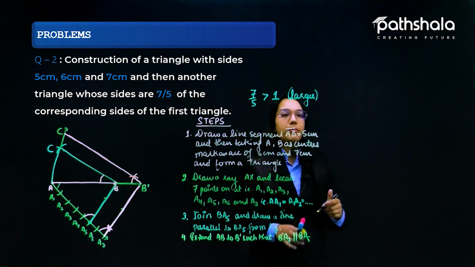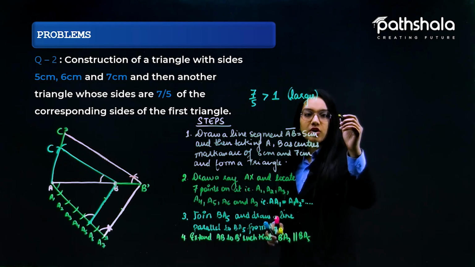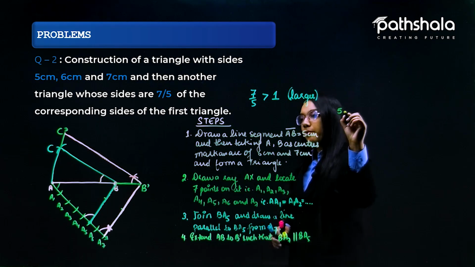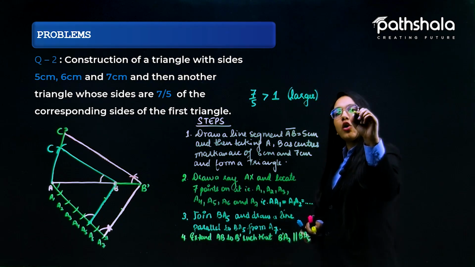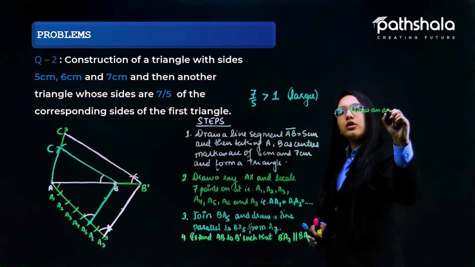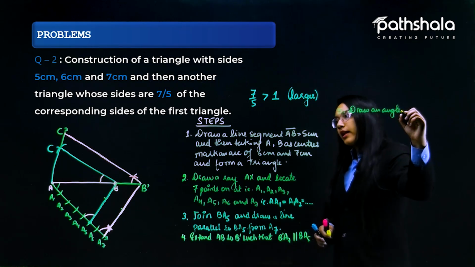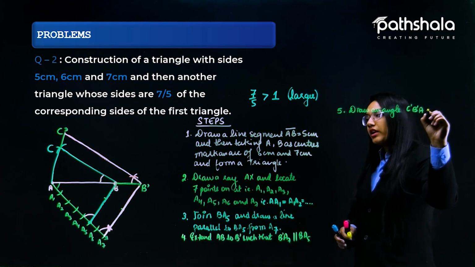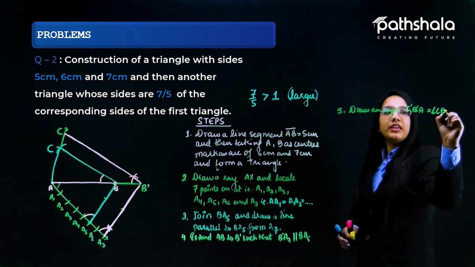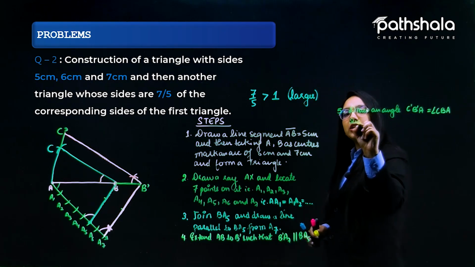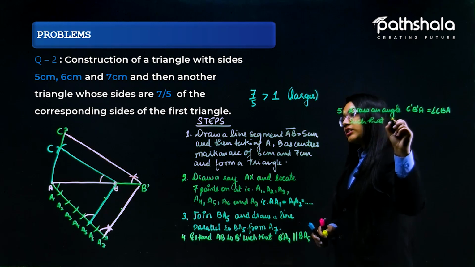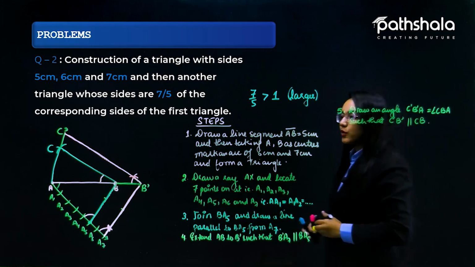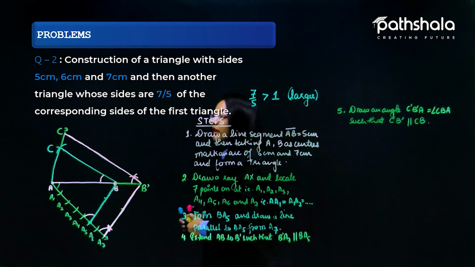So the next step of construction, let us suppose if I am writing it over here, would be to measure or draw the angle C dash B dash A equal to the angle CBA such that C dash B dash should be parallel to CB, and both of these angles are equal to each other.